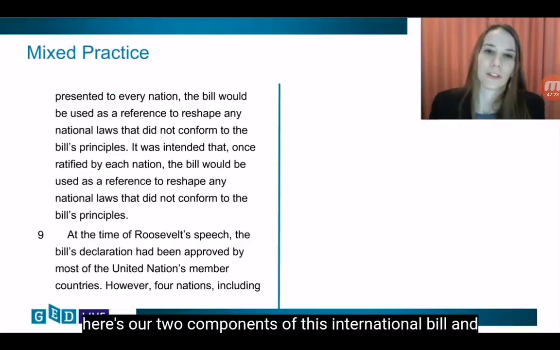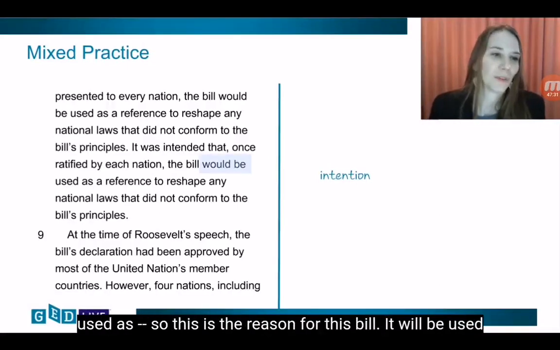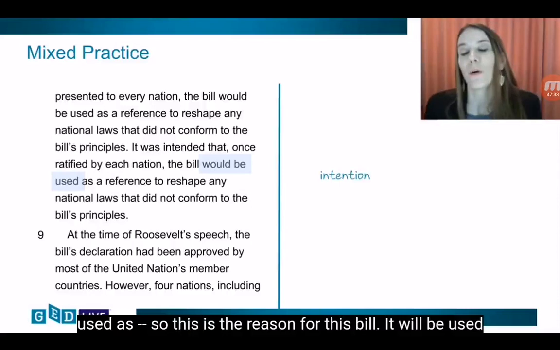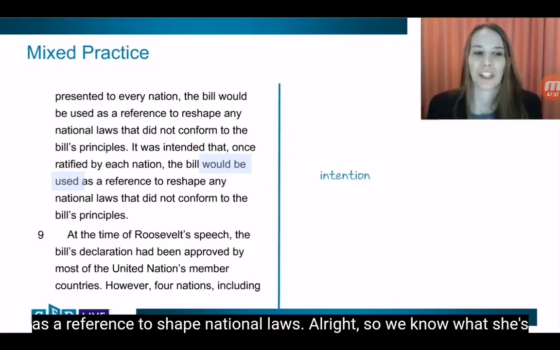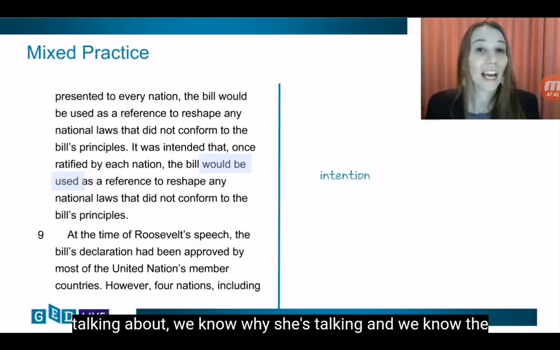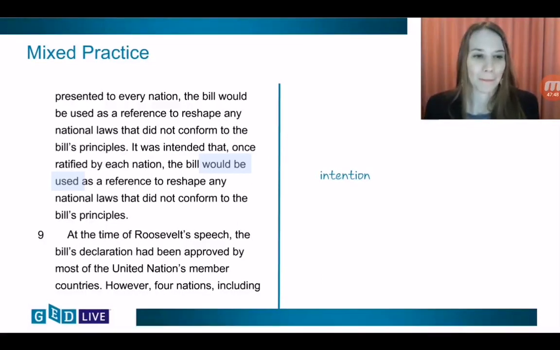So she says, here's our two components of this international bill, and here's the intention of this bill. It will be used as a reference to shape national laws. So we know what she's talking about, why she's talking, and the reason she's talking about this particular bill.